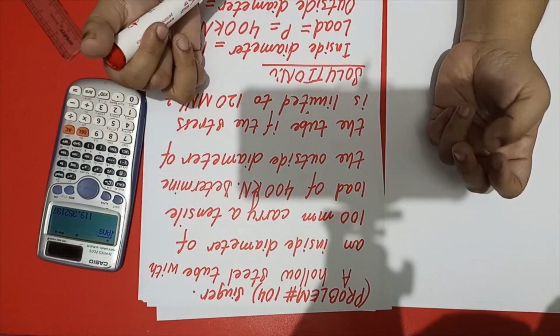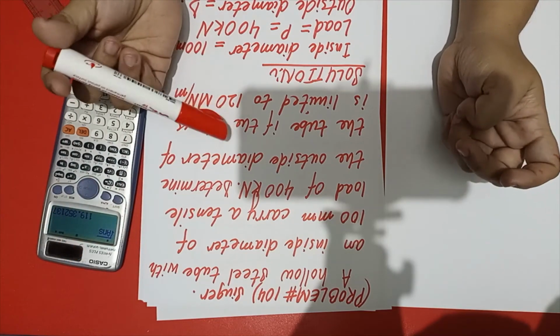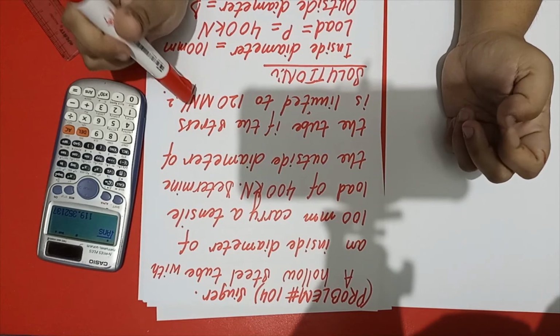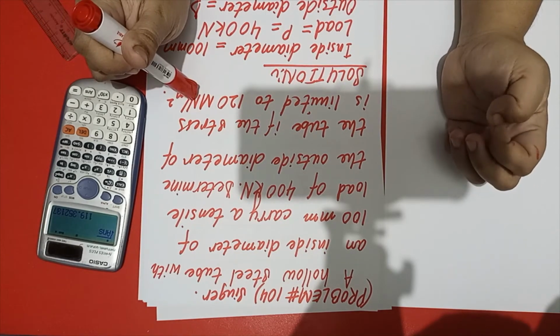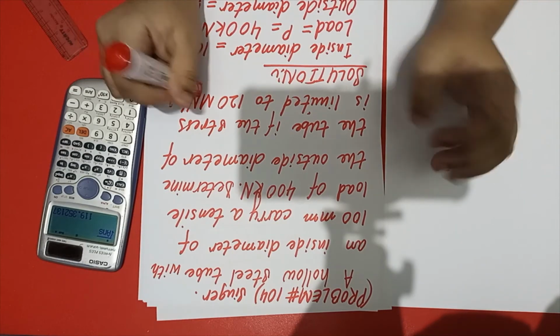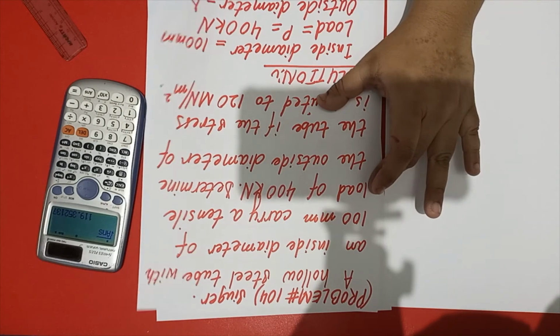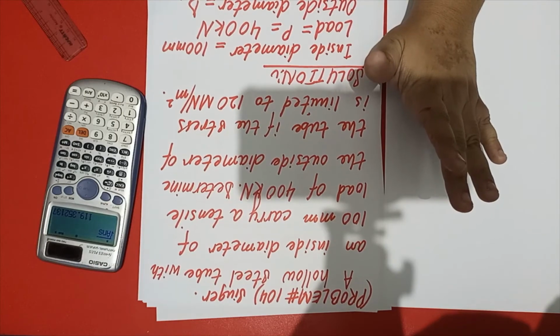The tensile load, P, was also given, and the stress is limited to 120 MN per meter square, so we have taken it as megapascal. We have taken the load completely in Newton, not in mega.